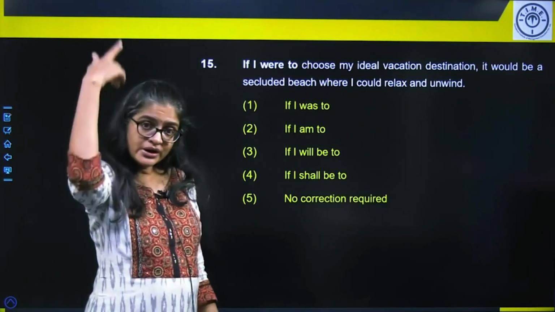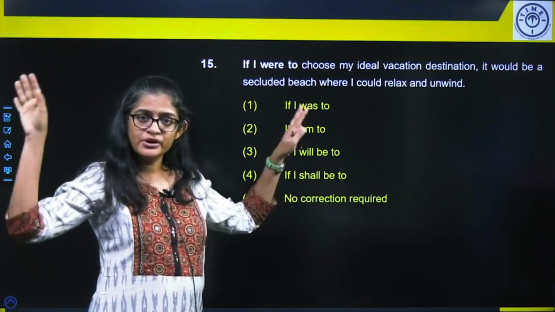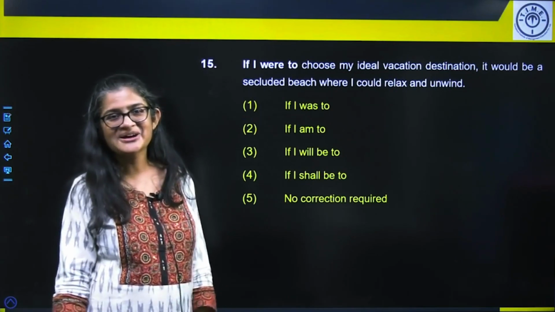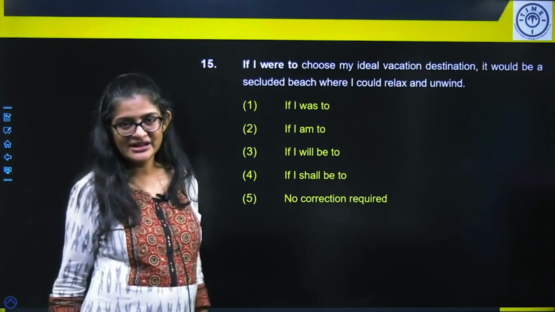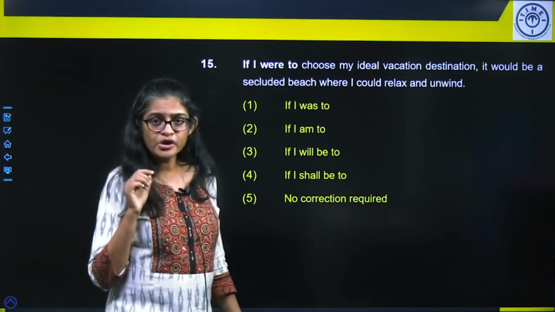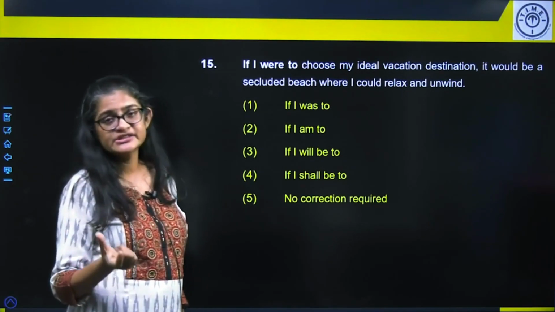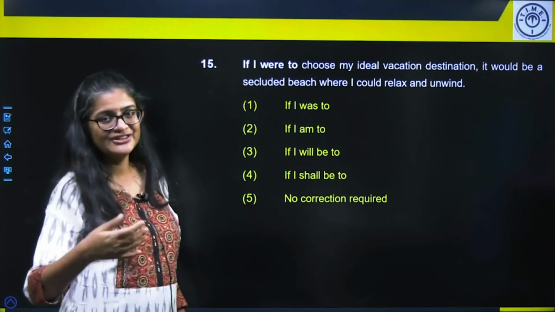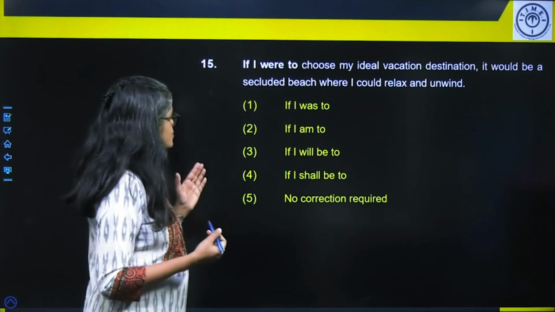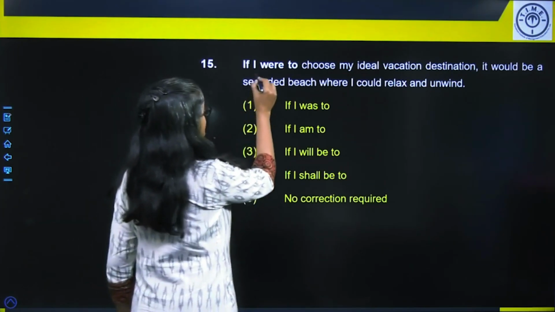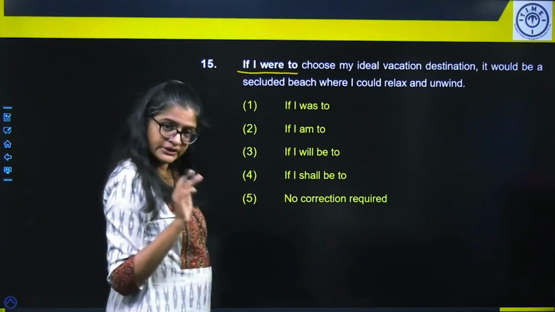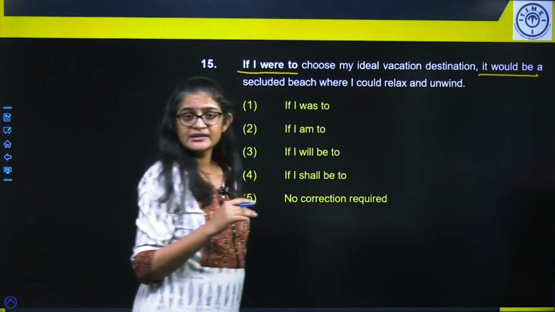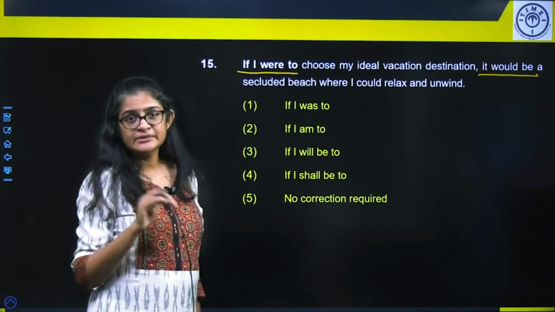If I were to do that, if I were a bird, if I were the Prime Minister, etc. It is a hypothetical, imaginary situation which is not going to happen, at least in the near future. So, to express that, we say, if I were. This is correct. Because here, "it would be" shows that the whole thing is imaginary.